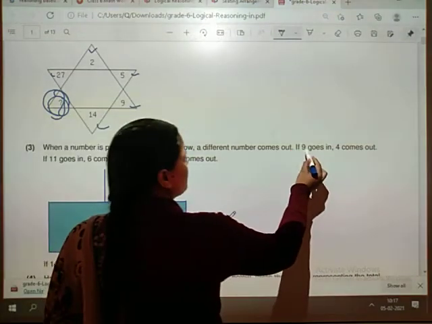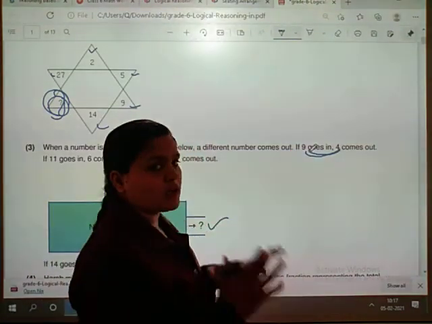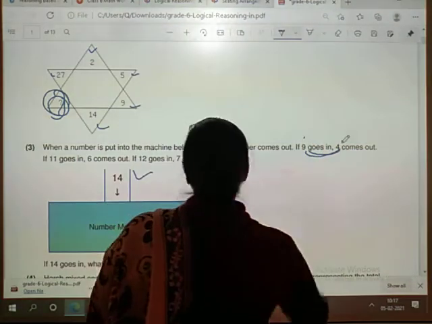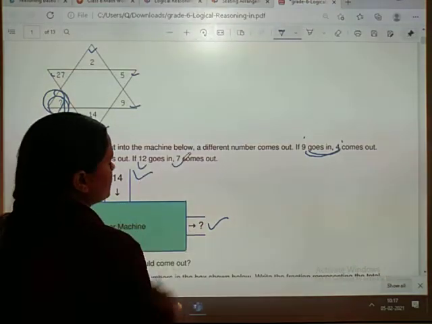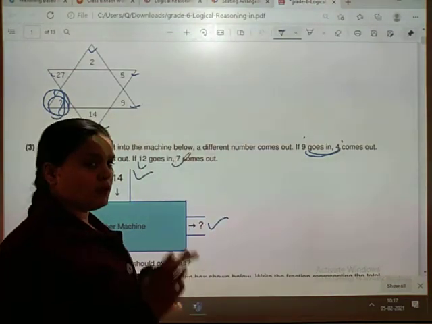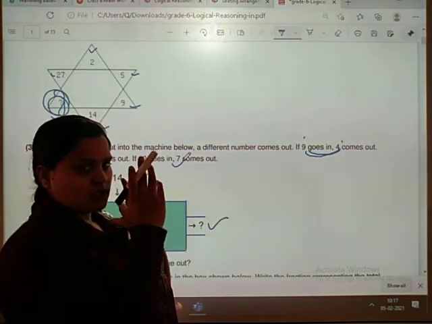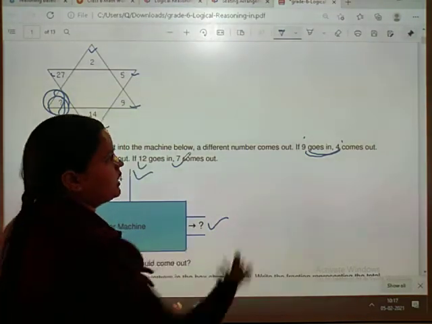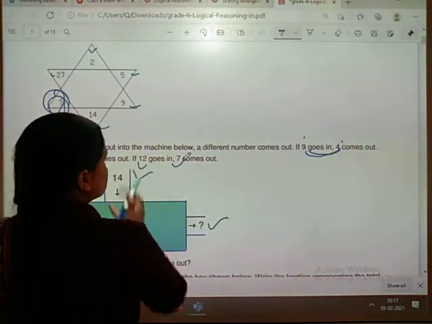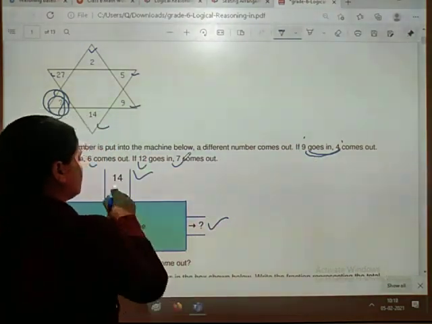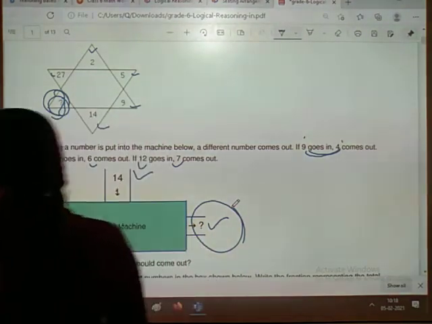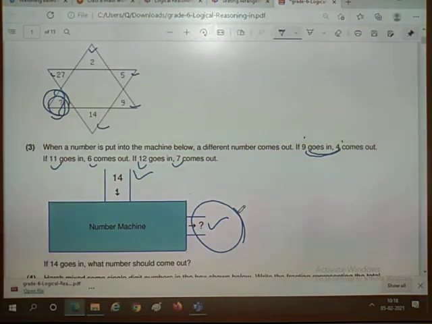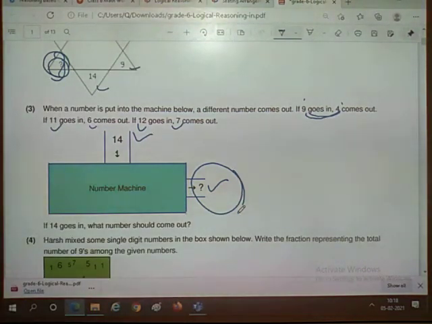So you have to find out the correct relation between this and this, and when you find the same mathematical formula, you put that same formula on this, and then you will find the product which will come on this side. Okay, so in the next question, let me tell you all the questions so that you can take the screenshot of this. Okay, class, kindly take the screenshot.